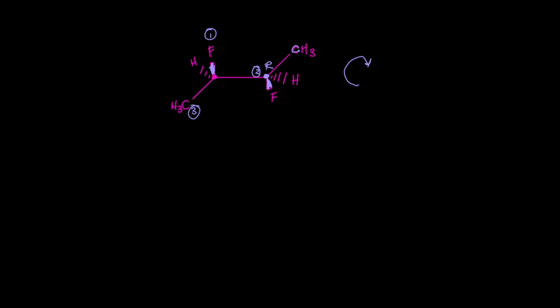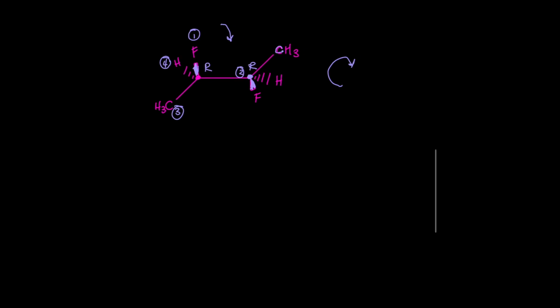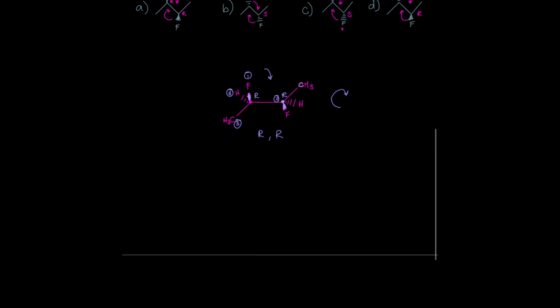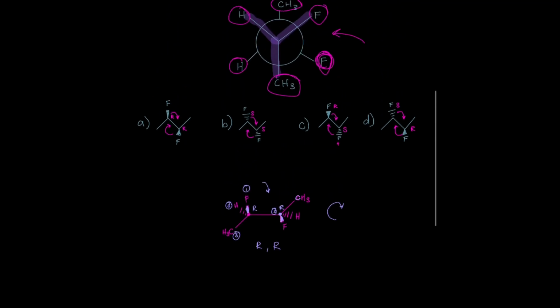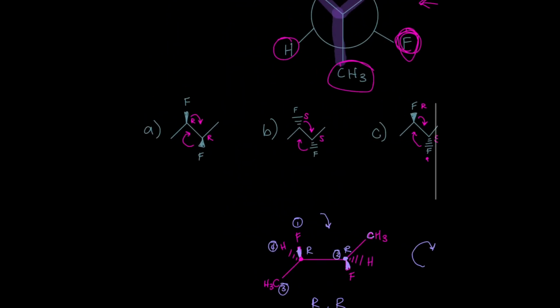Well, this is going to be 3, and this is going to be 4. So it's also going to be an R. So this Newman projection is an RR structure.